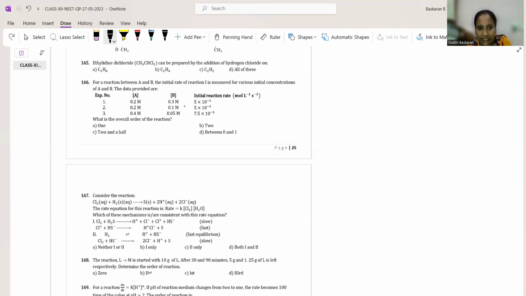Now what we are supposed to do? For each set of experiments, we need to convert that into one equation.